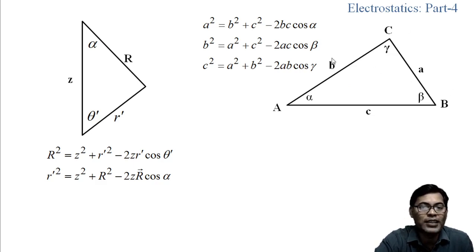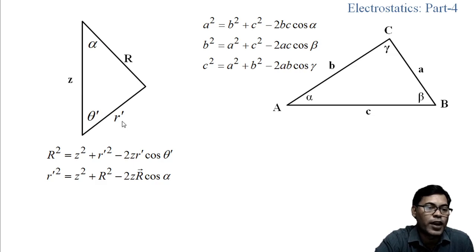Now by comparing this expression with the diagram we have taken to discuss, you see that this is R, this is r prime, this is z, this is theta prime, this is alpha. So capital R square equals z square plus r prime square minus 2 z r prime cos theta prime.